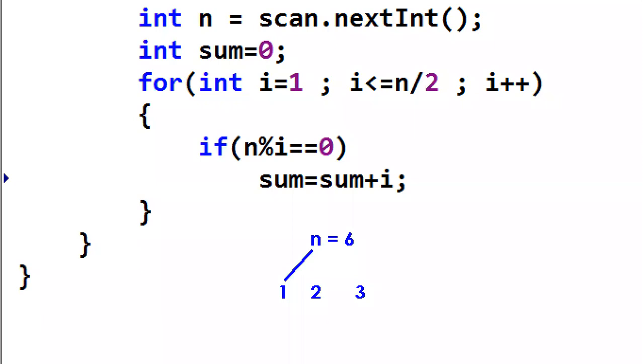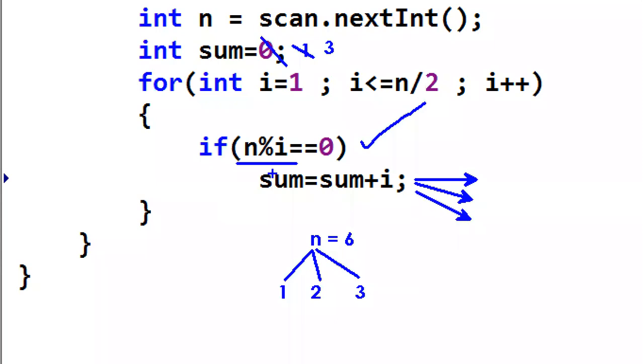Here n is divisible by I. N mod I equals 0 condition is true. That will be added to sum. So sum 0 plus 1, 1. Next loop will repeat. N is divisible by 2. Yes, condition is true. So 1 plus 2, value is 3. Next here n is divisible by 3. 3 plus 3 value is 6.